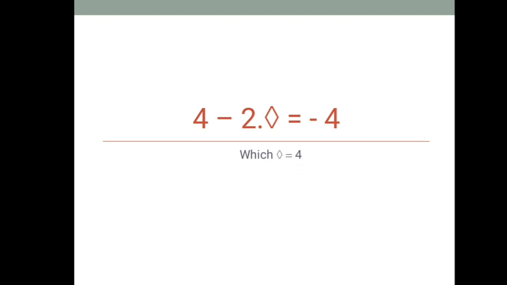We got, yes, minus 4 equal to minus 4. So the equation becomes true. So that's the way how to find the value of the rhombus using the balance visualization. So, understand? Okay, good. Do you understand the process?